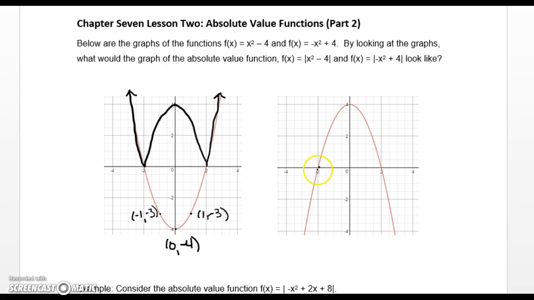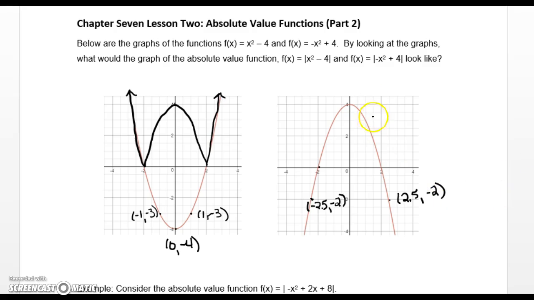This one is not as nice, but it's a little bit nicer than some of the others. This would be negative 2.5 and negative 2. Then we do a value on the other side as well, and it looks like it's about the same point. So this would be positive 2.5 and negative 2.